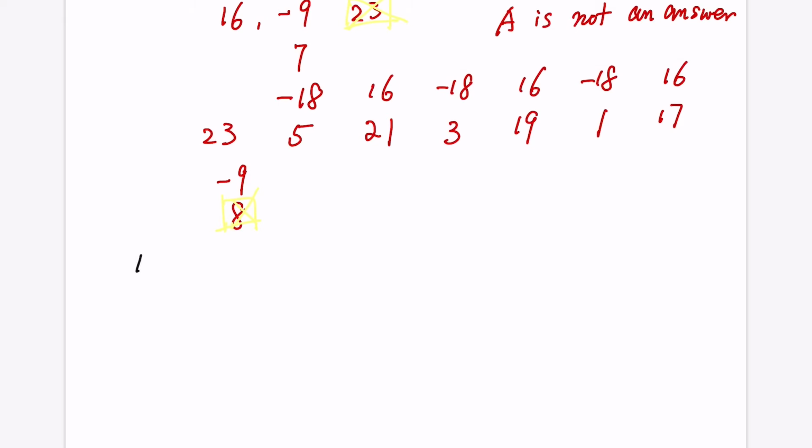Starting with climbing up 16, then going down 9, the monkey would be at position 7. Going up 16, you get 23. Going down by 18, it's 5. Going up 16 again, 21. Going down by 18, you get 3. If you go up 1 step and down twice, you actually reduce by 2.